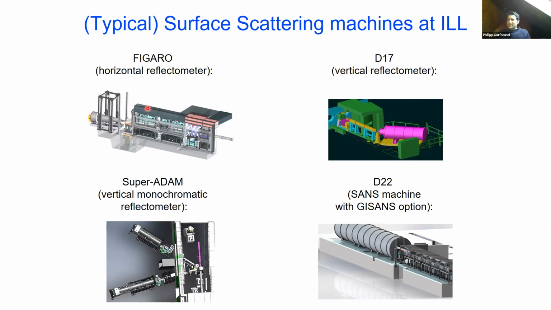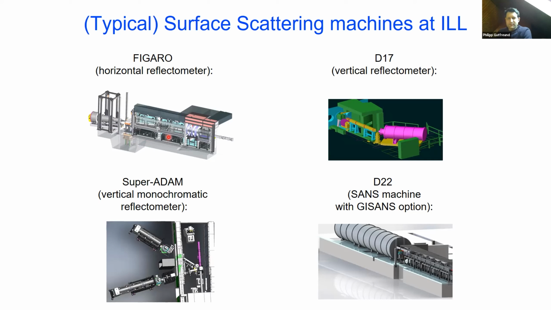So we have 4 machines at the ILL, which we mainly use for surface scattering: 3 reflectometers, 2 vertical sample plane reflectometers, D17 and SuperAdam. Both of them can also use polarized beams for magnetism. And then 1 horizontal reflectometer, Figaro.